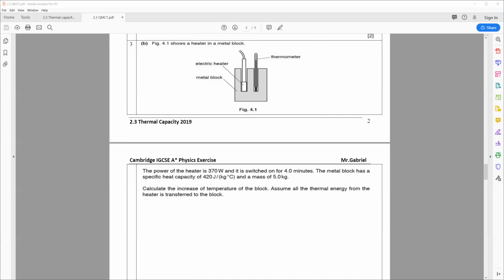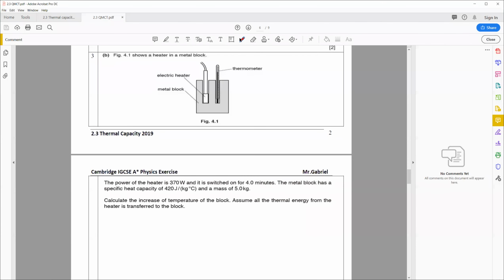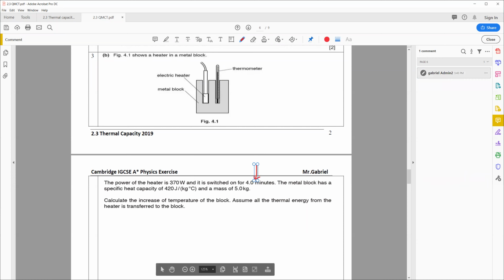How do you get 22.7? Let's go through this question together first. First and foremost, Charmaine, when you were doing the calculation, did you use 4 as your time? How can it be 4? How many times have I told you this already? This must be in seconds, right? If you change this into seconds, you should be able to get the answer.